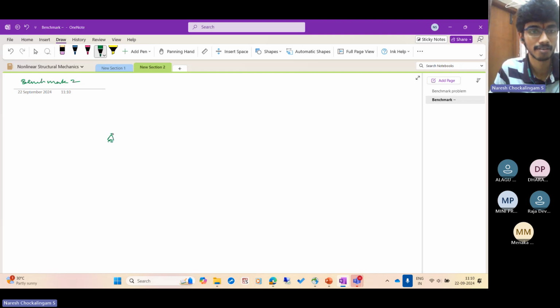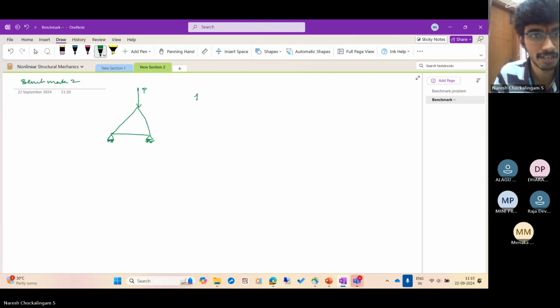Let's have it this way. Let us fix this side also. And then let me apply a vertical force. I'm fixing this, it is not a roller, so it is indeterminate to 1 degree.